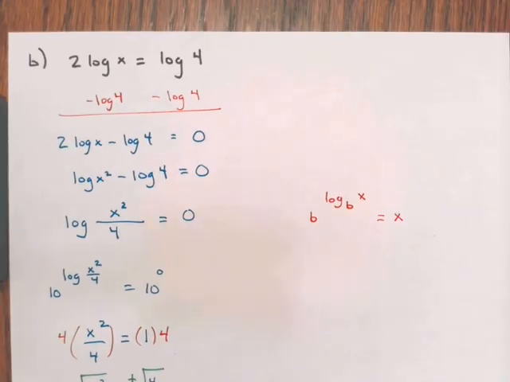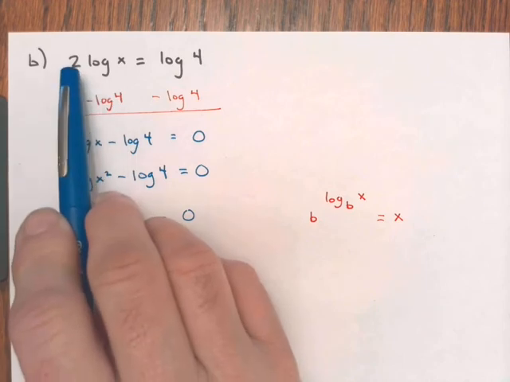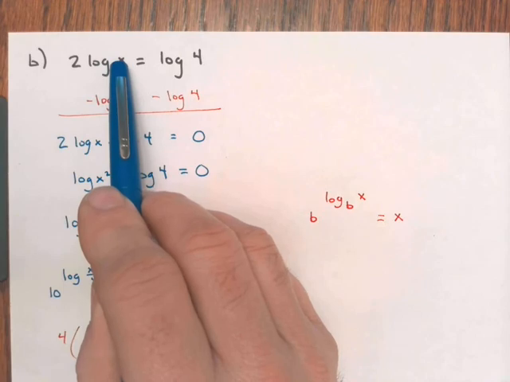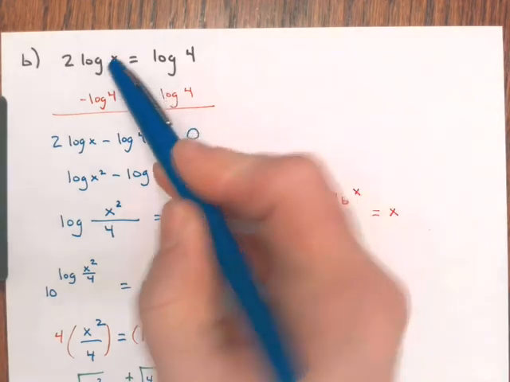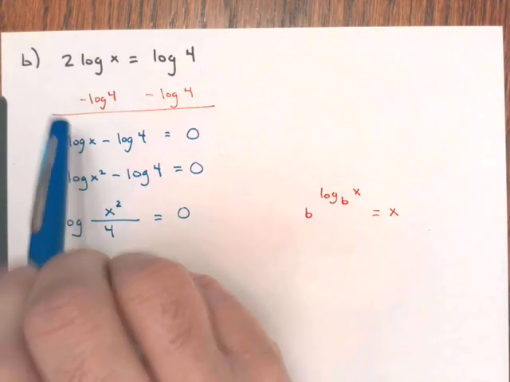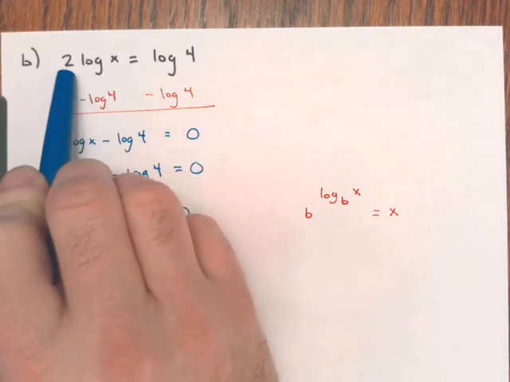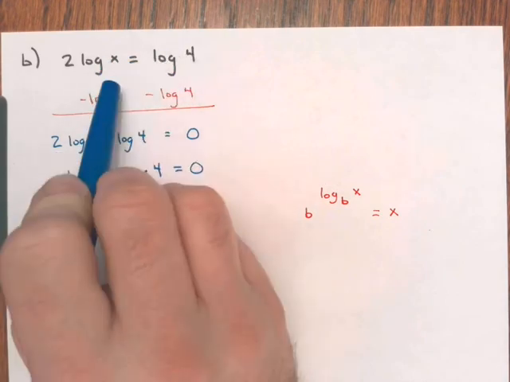I want to take 2 and negative 2 and plug those in and see if they work. If I take 2 and plug that in for the x here, I'm going to end up with 2 log of 2 equals log of 4. And when I plug that in, what I end up with here is log of a positive number. So 2 will work. But if I take negative 2 and plug this in, I'm going to have 2 times log of negative 2 equals log of 4.